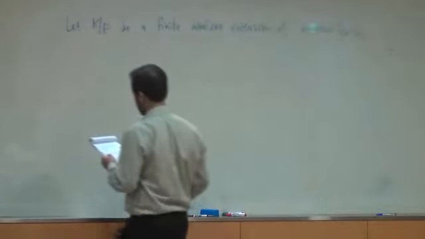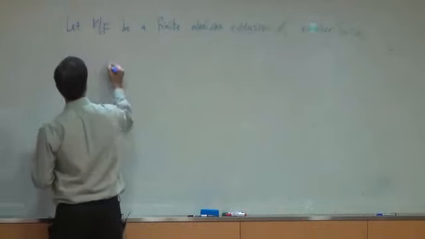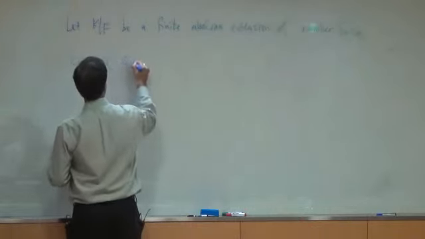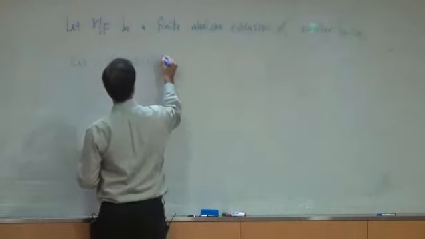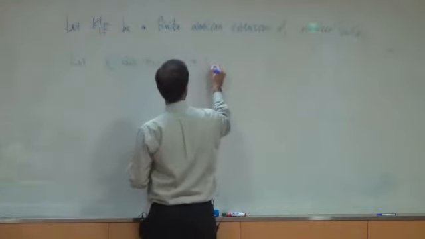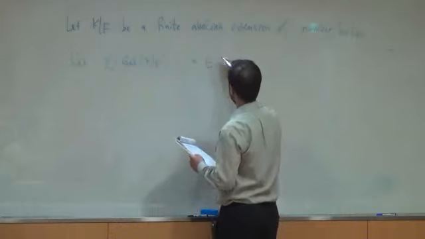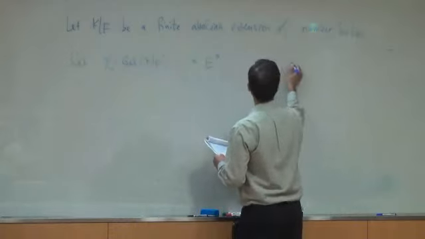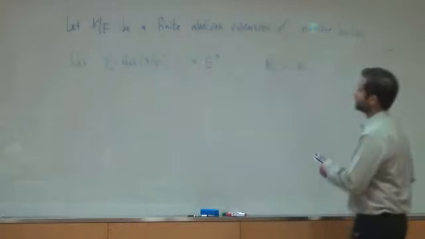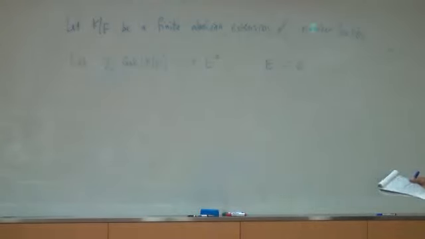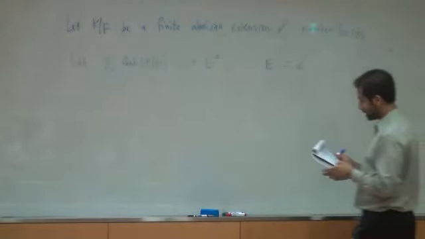And let chi be a homomorphism of this finite abelian group, the Galois group, to some field E star, where I want E to be just the smallest number field that you need in order to have chi defined. So it's some subfield of C.